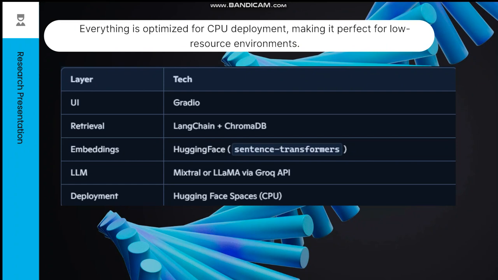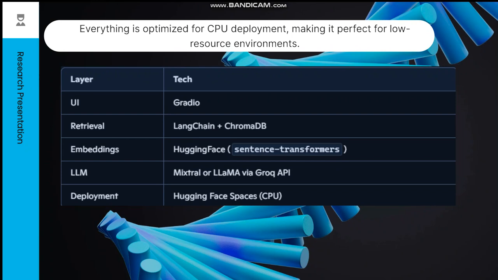Next, we have large language models. For natural language responses, we utilize Mixtral or LLaMA models, interfaced via Groq's API, which provides ultra-fast inference without even GPUs. Next, we have the deployment.